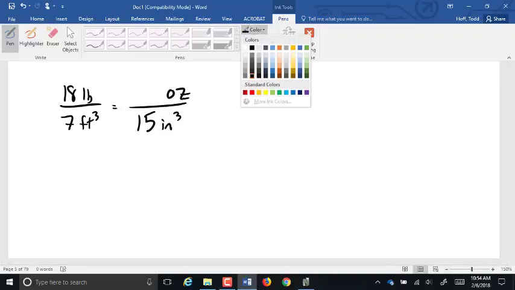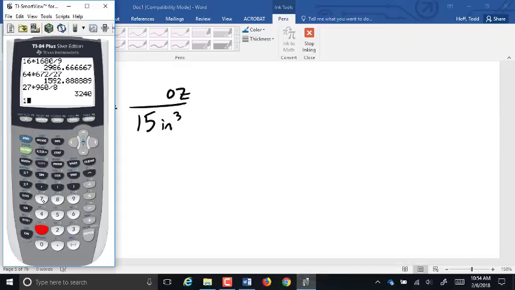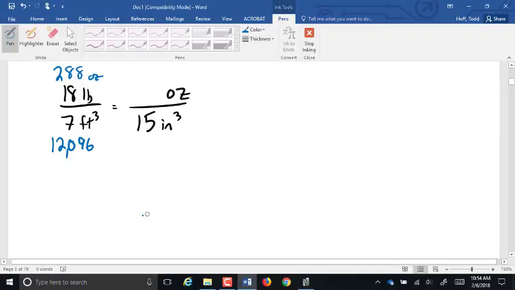Okay, so let's convert the 18 pounds. 18 pounds becomes how many ounces? 288? Yes. 7 cubic feet becomes how many cubic inches? 12,096. Yes, it is, of course, 1,728 times 7.